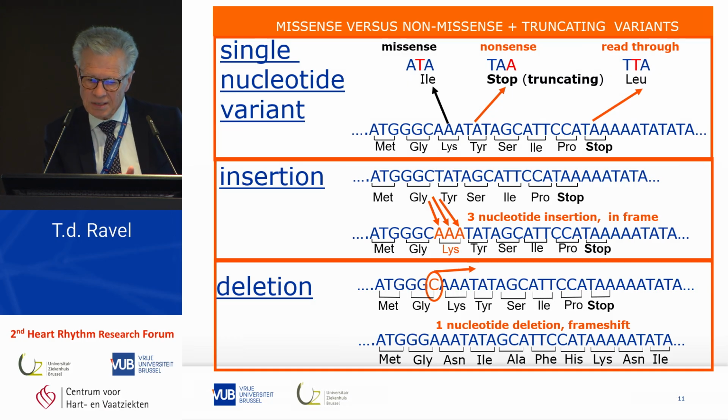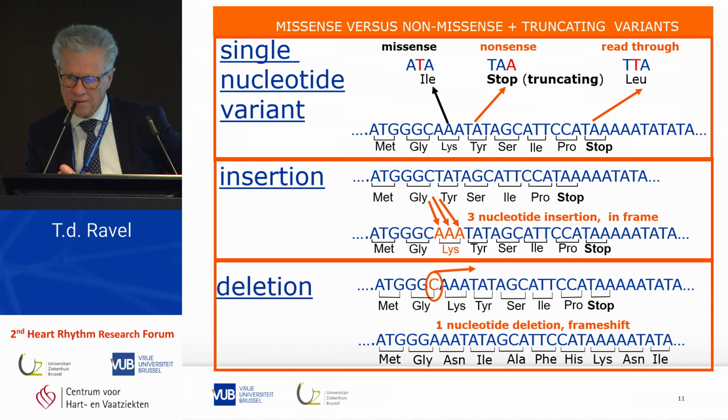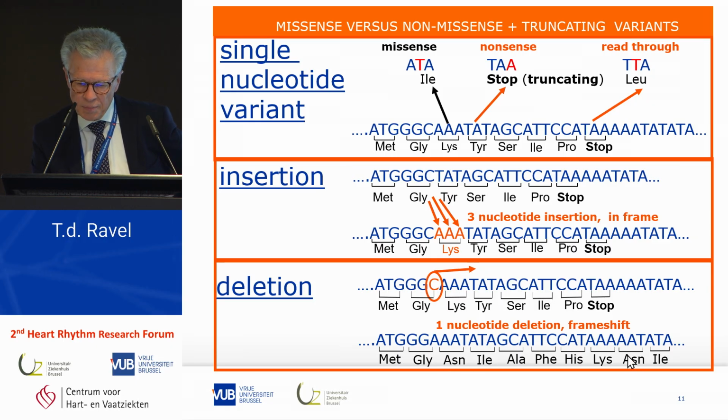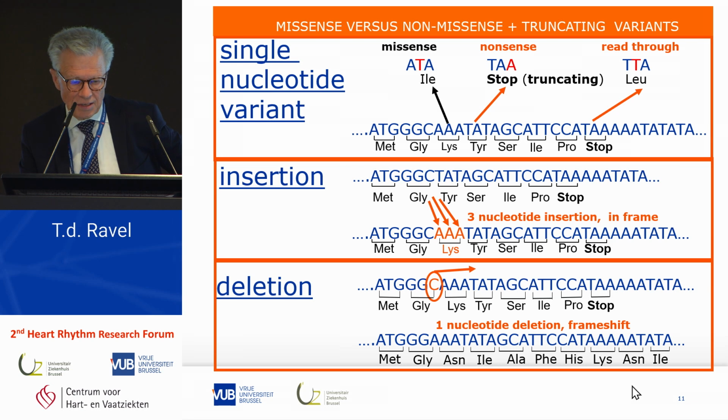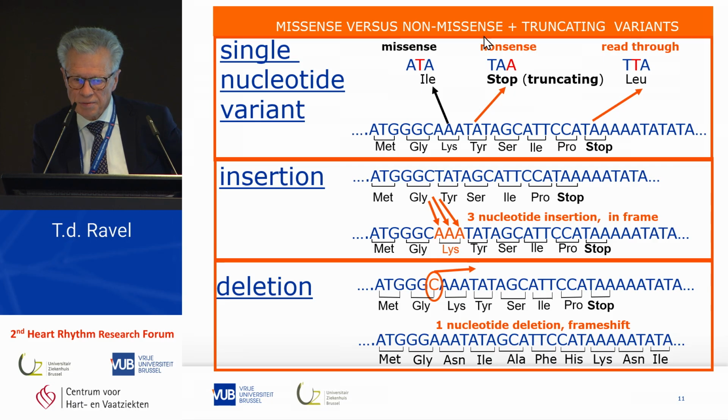And by shifting it, when you're reading them 3 by 3, all the rest of the code after these first 2 is wrong. But not only is it shifted, but sometimes there can be a stop. One of these read as a stop earlier or later. So frame shift variants due to deletions or insertions, and nonsense variants.